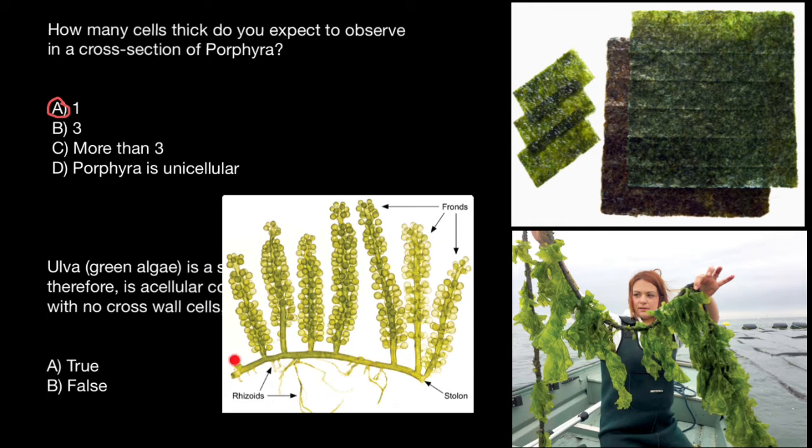So it is acellular, or we can say that it has only one cell, and the cross section would be as follows. So it's going to be multinucleated, and also we can find multiple chloroplasts here, and both these organelles would freely move through the thallus of this alga.